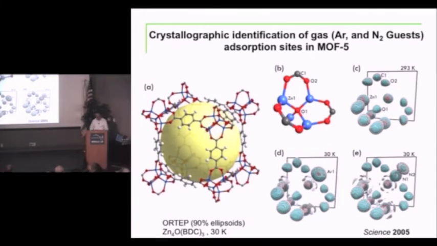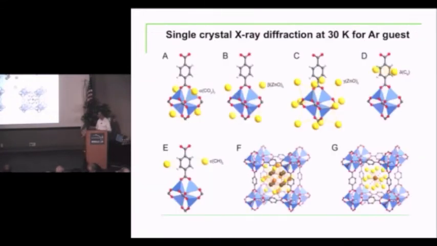And in fact, to our surprise, we found not just that the metal oxide has many different gas binding sites, but also that the organic parts, both the faces of the six-membered rings and the edges, act as adsorptive sites in metal organic frameworks.